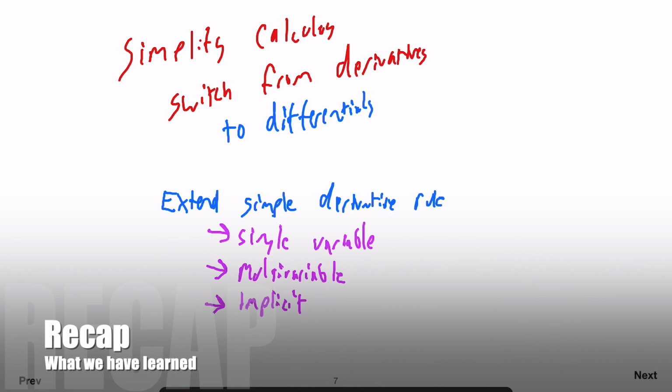And tagged onto that, you also get the chain rule for free. It's not a separate rule, it's just implicit in the way that you do things.